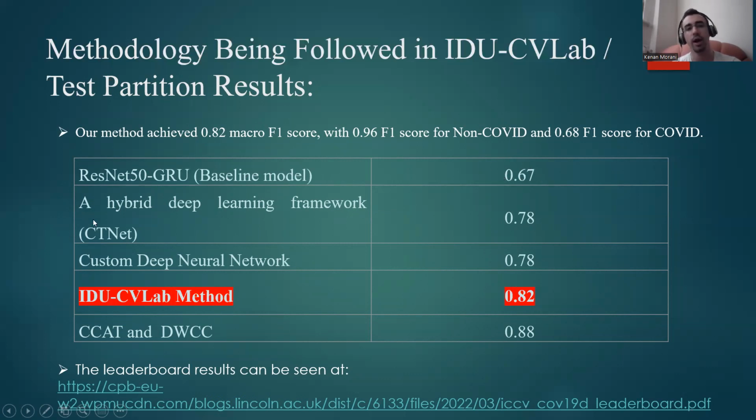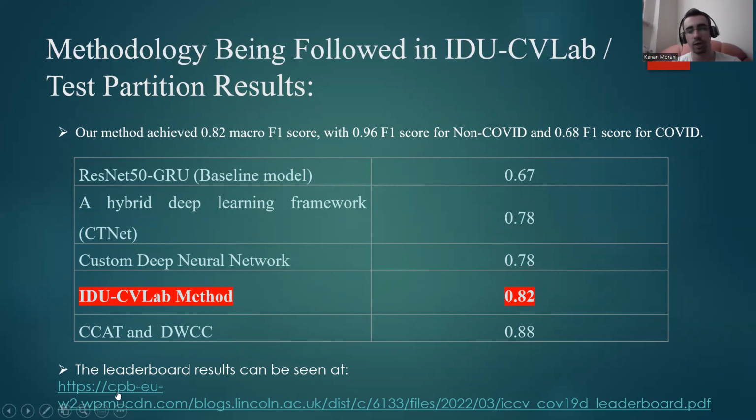Then you have a hybrid deep learning framework, CTNet, that achieved 0.78, another custom deep neural network that achieved 0.78, and then there is our methodology at 0.82, and other methods, CC80 and DWCC, that achieved 0.88. So this is a little bit of comparison on the test set between our work and other teams' work or other alternatives on the same data set.